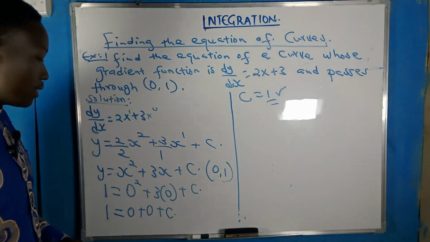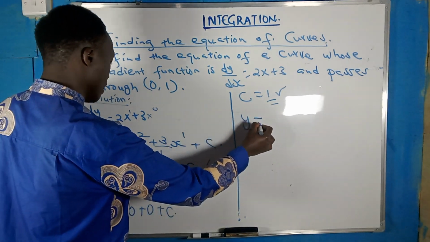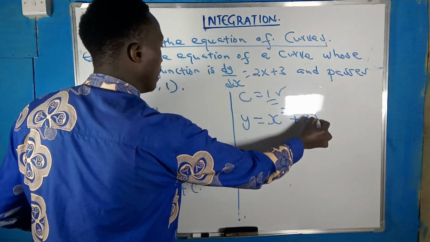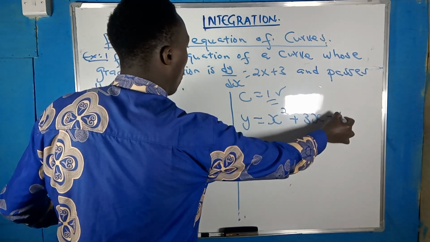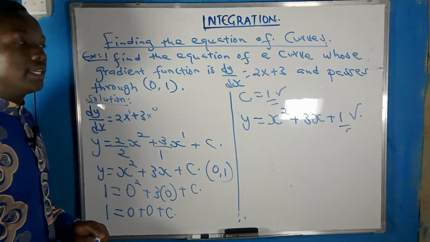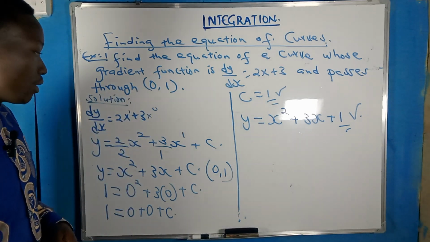Having our constant as 1, then our function is going to be y is equal to x squared plus 3x plus 1. And by doing that, we have already determined the equation of our curve. So that is how we determine the equation of the curve.